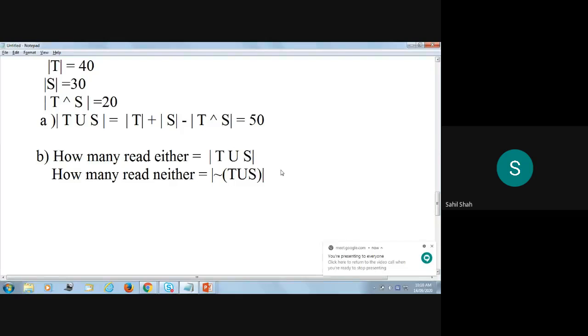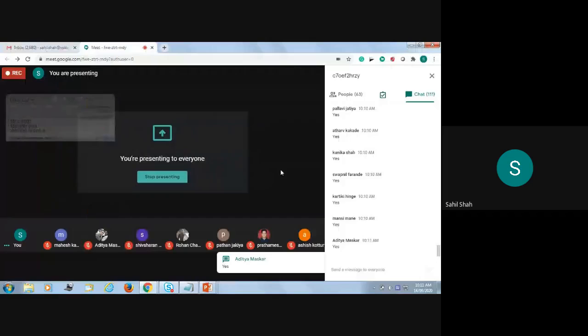We have discussed that formula 2 to 3 lectures back, I suppose. If you remember, how can we represent a complement? Complement of a set is equal to universal set U minus A. Do you remember this formula? A bar is equal to U minus A. Whatever is exclusively available in U but not in A.